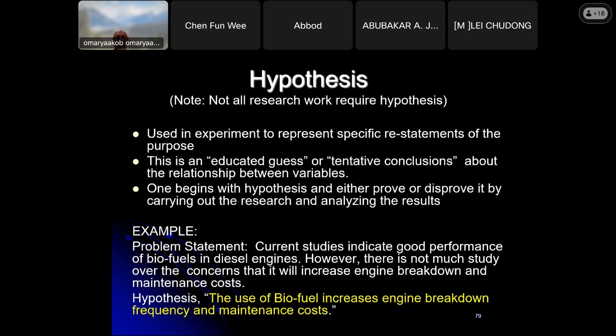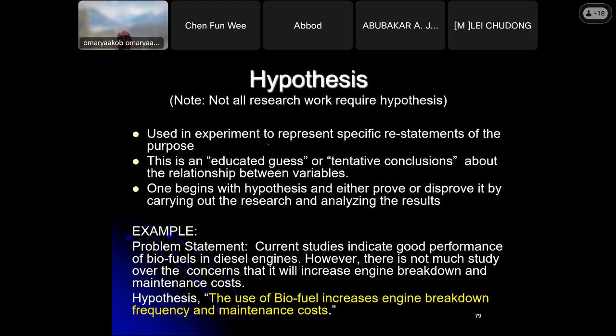Okay, next, hypothesis. Not all research work requires a hypothesis. This is subject to argument, but in my madhab, my way of thinking, not all research requires a hypothesis, because a hypothesis is necessary when you are testing variables, connectivity, correlations, relationships and so on. Otherwise, it's a bit difficult to define a hypothesis and finally test it.